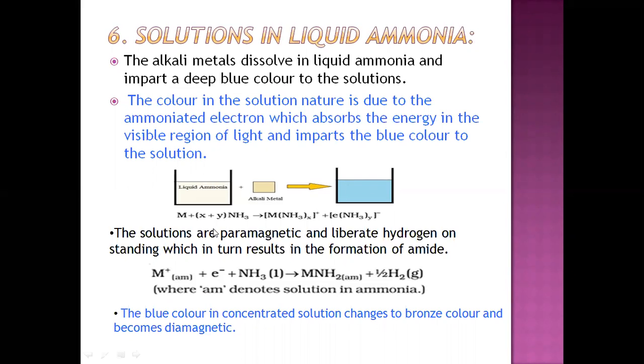For example, this is the metal, this is the ammoniated electron, this is ammonia, and it forms MNH2 plus half H2. H2 gas gets liberated. Here am denotes the solution in ammonia. The blue color in concentrated solution changes to bronze color and becomes diamagnetic.